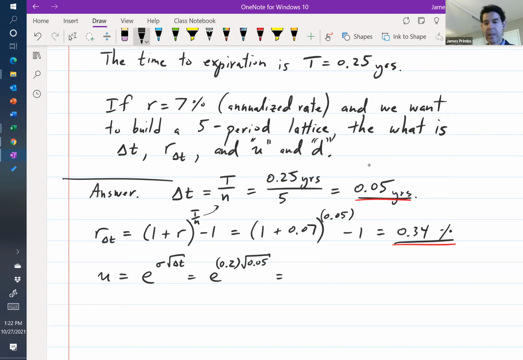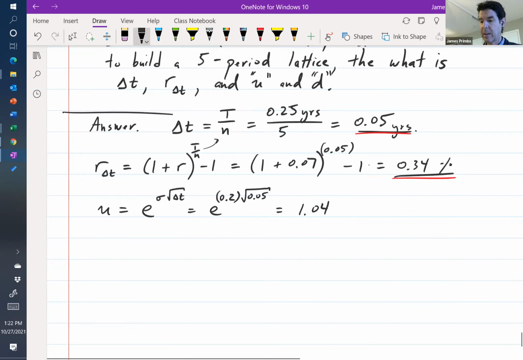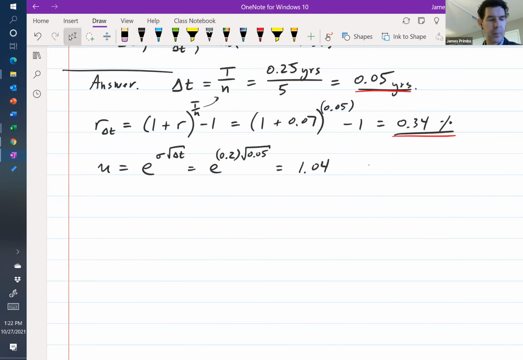Okay, so I'm going to calculate that. And when you do this calculation, if you're doing it right, the up parameter is going to be something greater than 1, right? Because it's moving you up. So this one here, I get 1.04. And then D is just 1 over U. So that's 1 over 1.04. And what do we get here? 0.96.